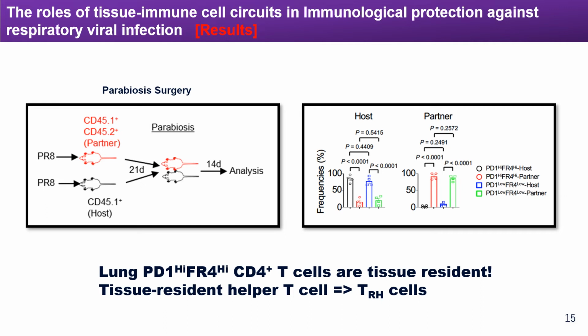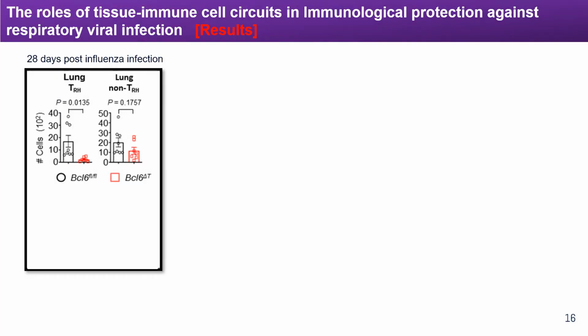Those tissue resident helper T cells were called TRH cells. As I mentioned in the previous data, the lung TRH cells exhibit features of both TFH and TRM cells. So I infected influenza virus into BCL6 knockout mice, BCL6 being the key transcription factor of TFH cells, and checked the TRH cells.